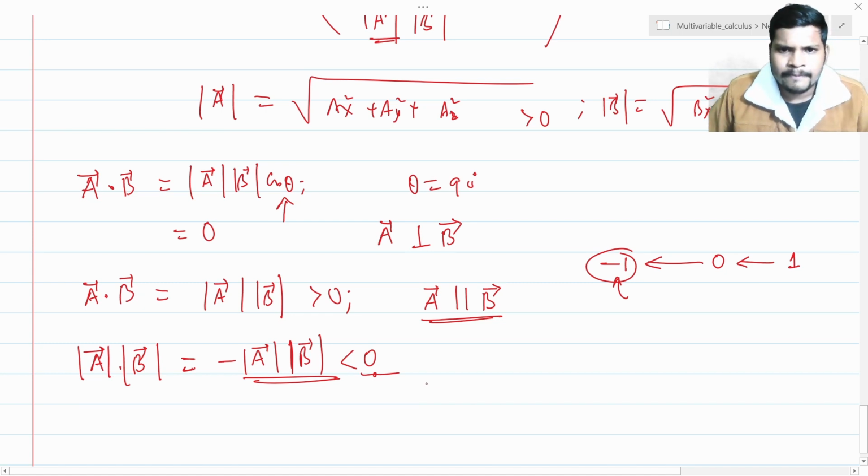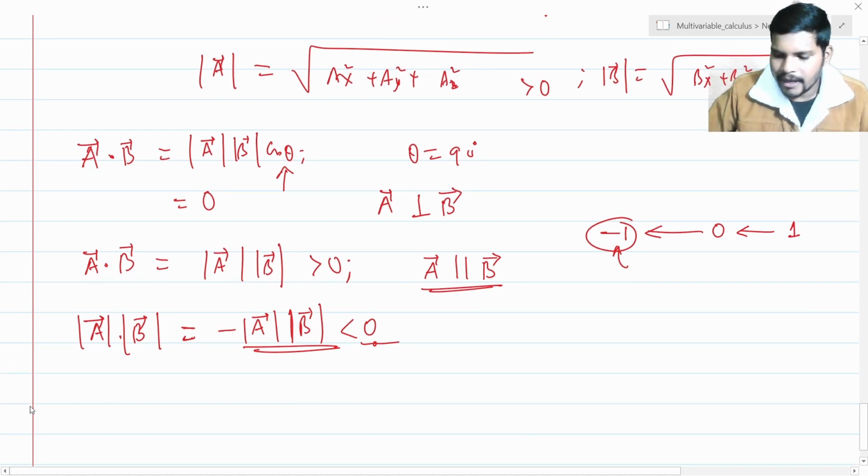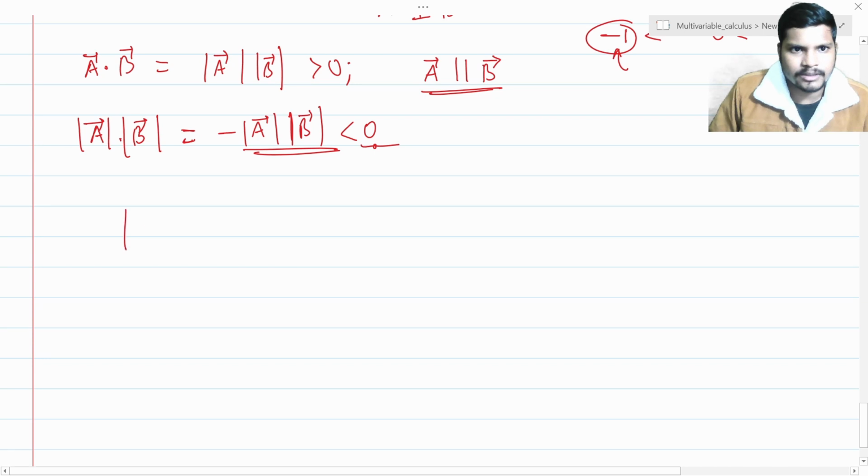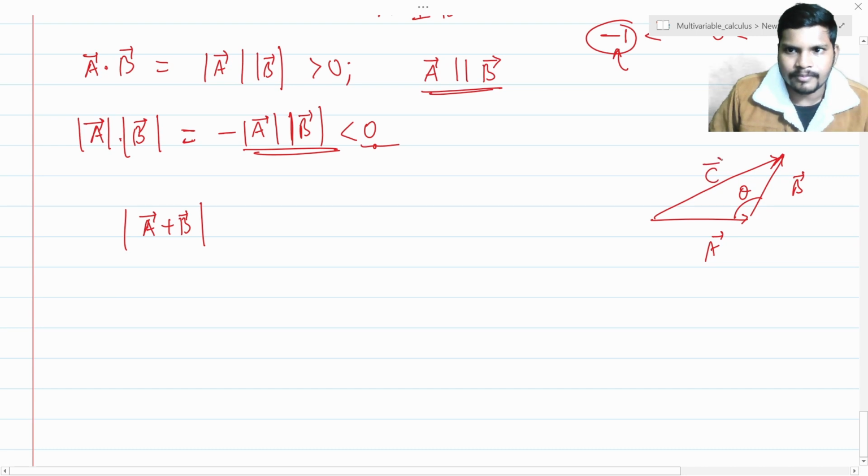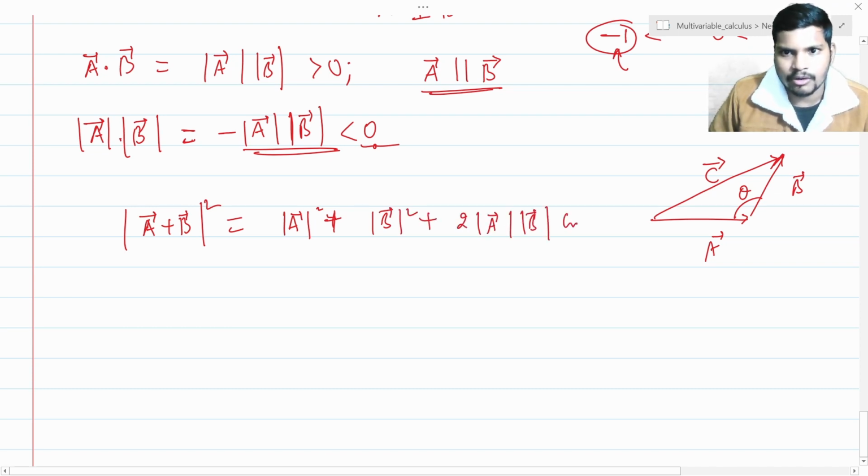All right. Now one interesting thing is to consider that I am adding two vectors, a vector and b vector. Just like one vector going from over here, another vector is like this, and let us say they are making some angle theta. Over here, for the sum c, c square is a square plus b square plus 2 a b cos theta.